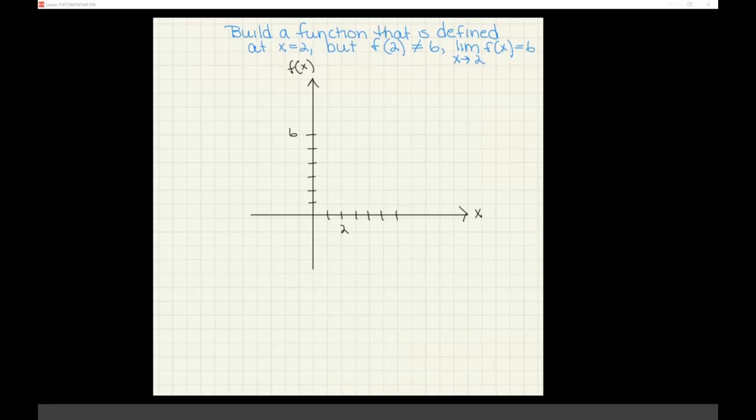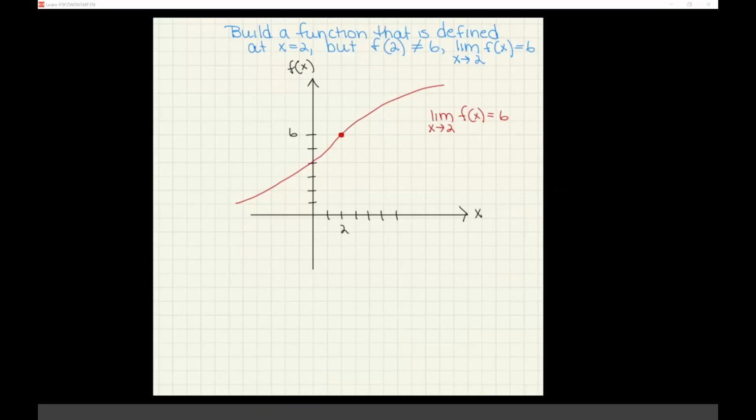All right, here's a function that essentially has the point (2, 6), right? f of 2 equals 6, and it can look like this. What's true about this function is the limit as x approaches 2 from either side is 6. As I go up the function this way and get close to 2, my limit's close to 6. As I come down the function this way towards 2, my limit equals 6.